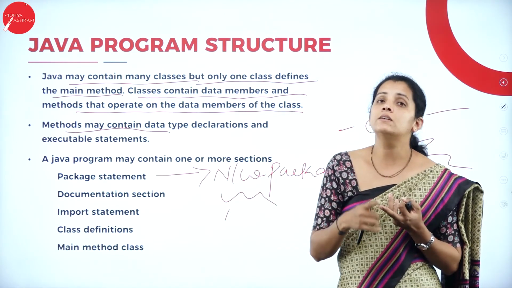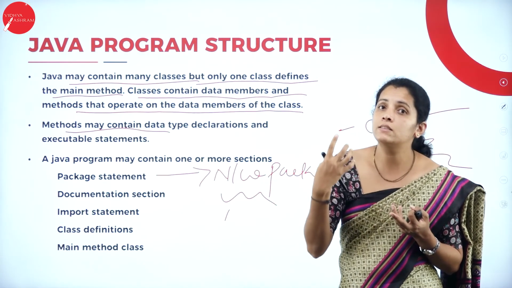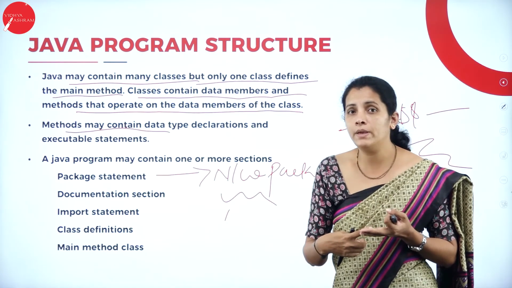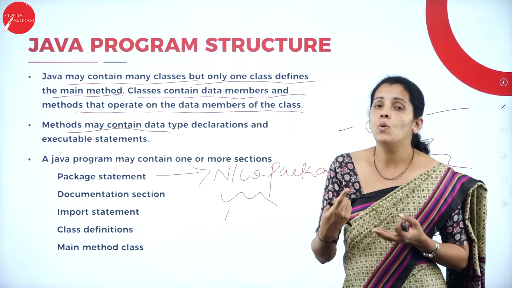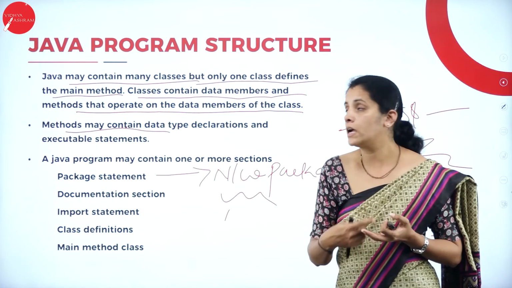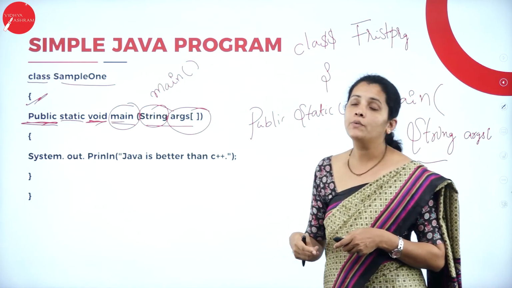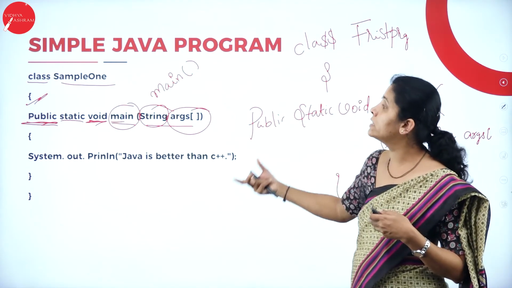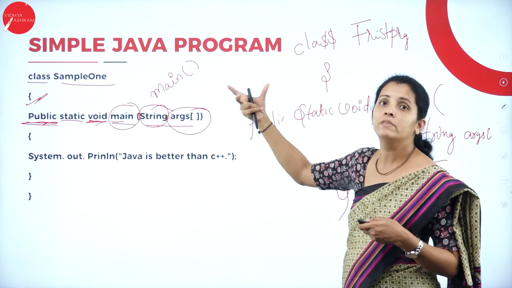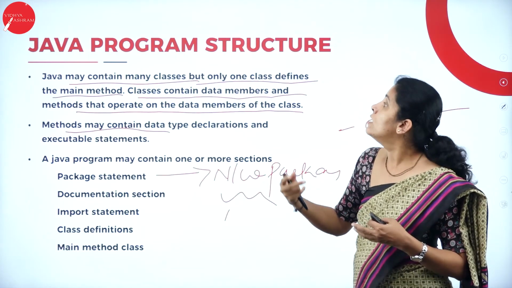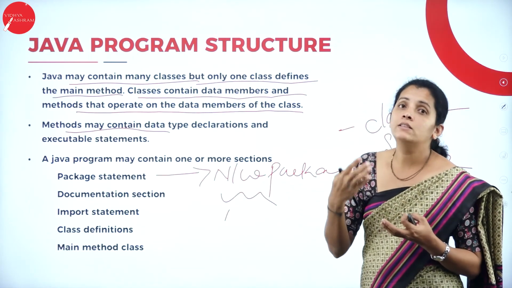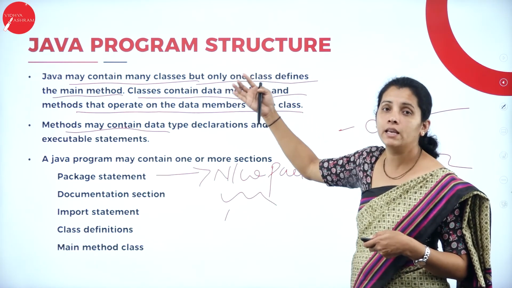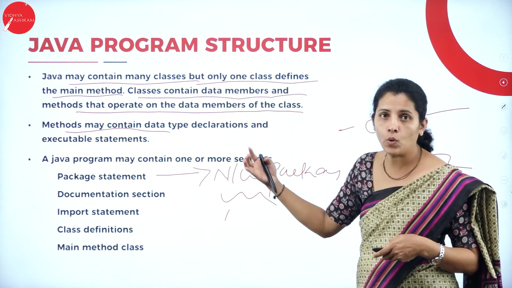Then we learned some of the supporting systems for Java. Then we learned API. Then we learned what is Java runtime environment. Along with that, we learned how to write the Java program. Then we learned the different Java program structures we can have in our Java program.